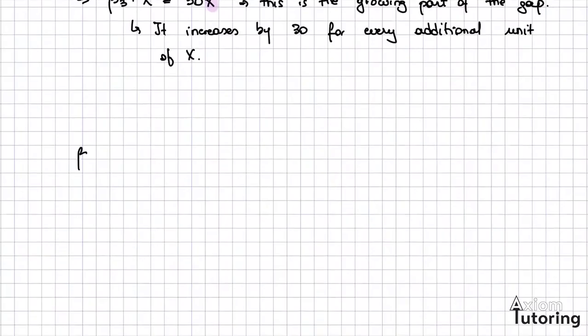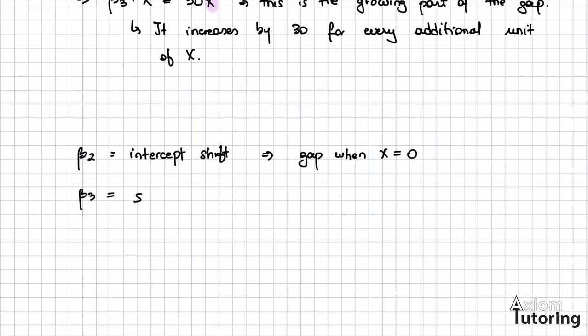Beta 2 is an intercept shift, okay? This means this is literally the gap when x is equal to 0. Beta 3 is the slope difference. Okay, so the rate of change of the gap.